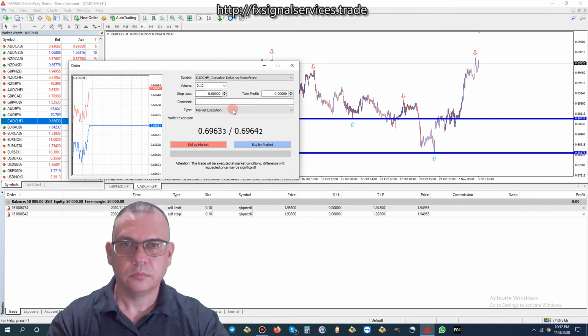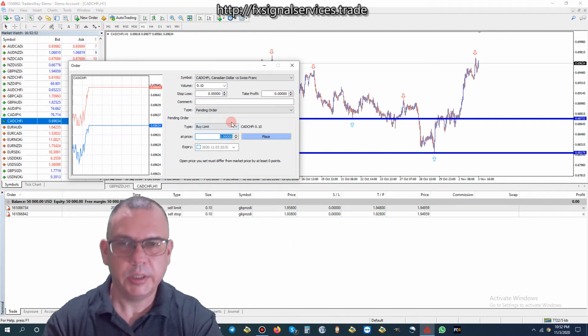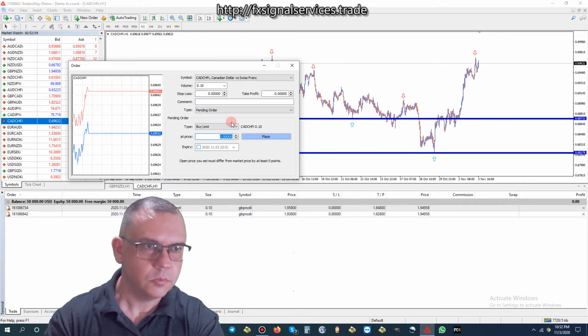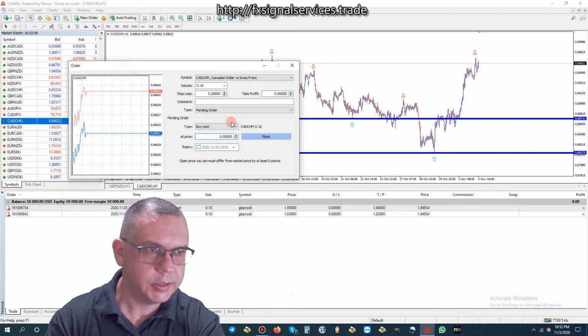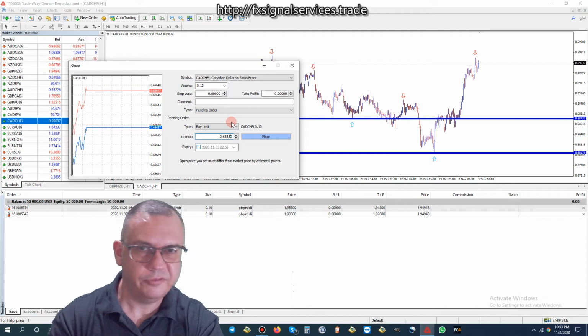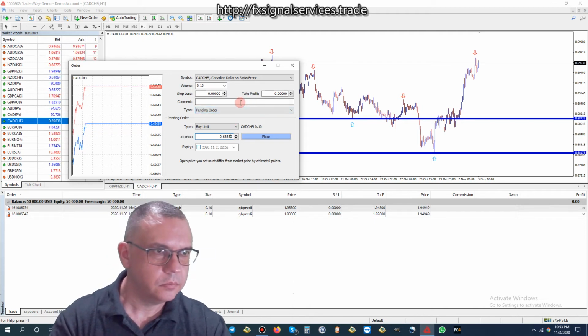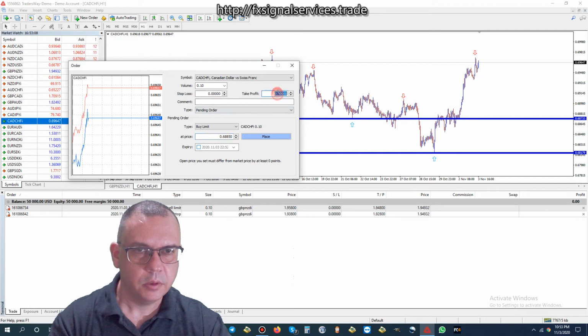We're going to put here buy limit, and I'm going to put the activation price at 0.68850, which is just a little bit above that tick mark.